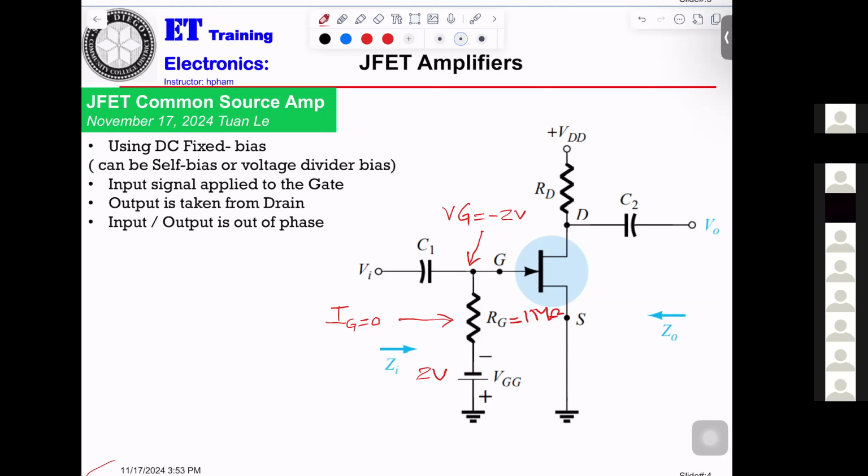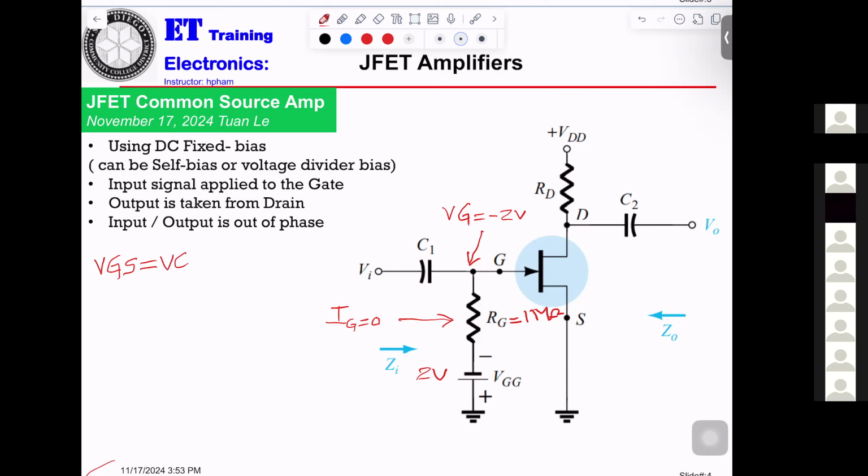So the answer will be equal to minus. Is it right? And you already know VGS equals what? VG minus VS. Perfect.